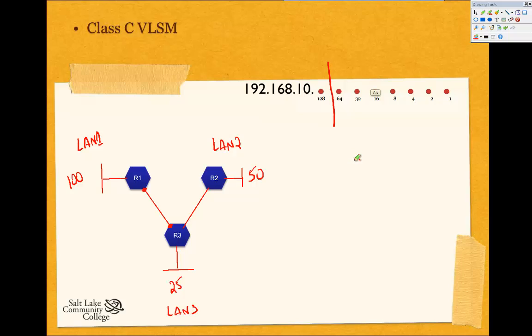The key with variable length subnet masking, there are 2 rules that you have to steadfastly follow. Well, I should say you don't have to follow these rules steadfastly, but they will make variable length subnet masking much, much easier for you. The first rule is, when we've been subnetting in the past, we've always looked at how many networks do I need.